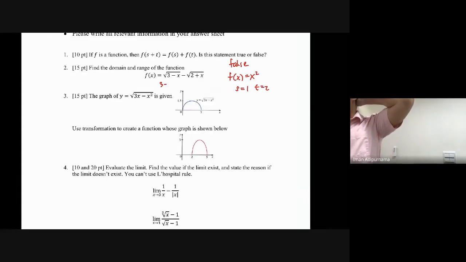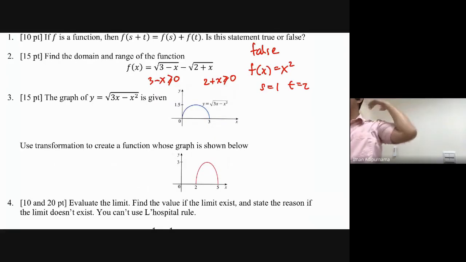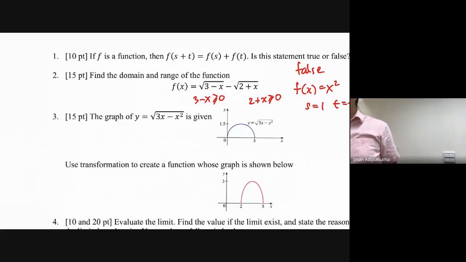Domain and range. So this 3 minus x should be greater than or equal to 0, and 2 plus x to be greater than or equal to 0, because it can also be 0. If you want to make sure, you can draw the number line.